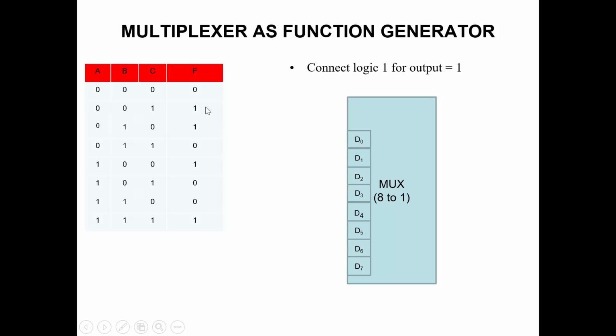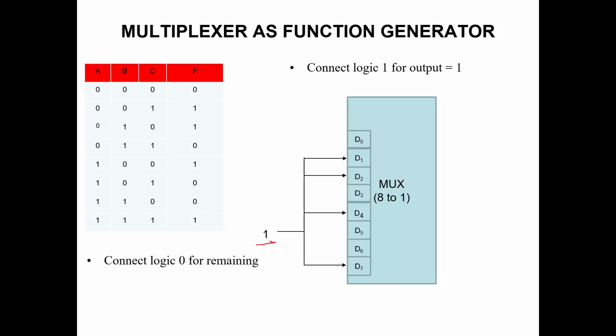For the combinations D1, D2, D4 and D7 we have output as 1. Now connect 1 to all these. Here we have connected 1 to D1, D2, D4 and D7.